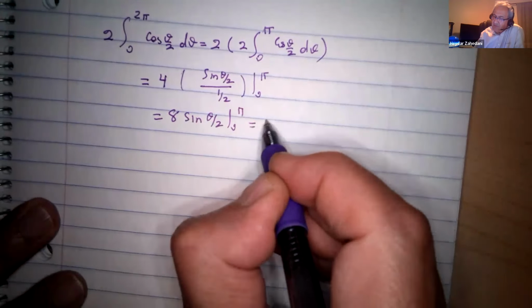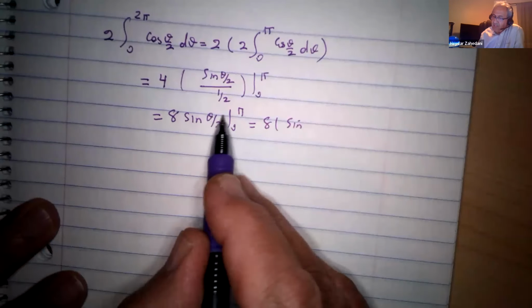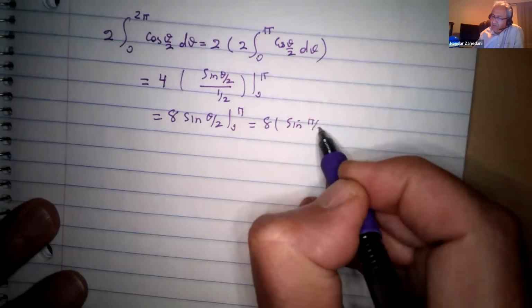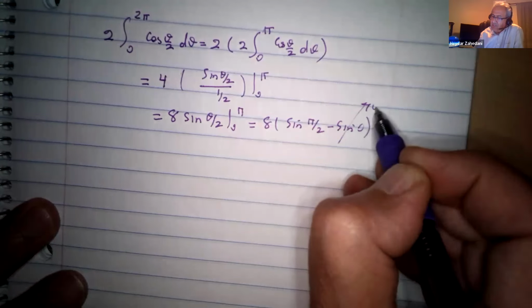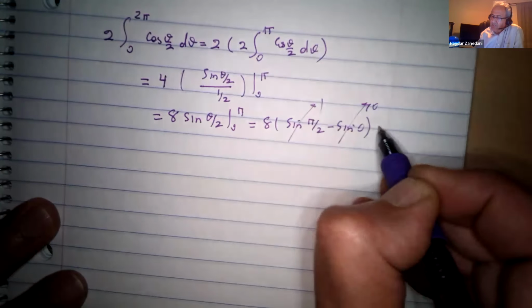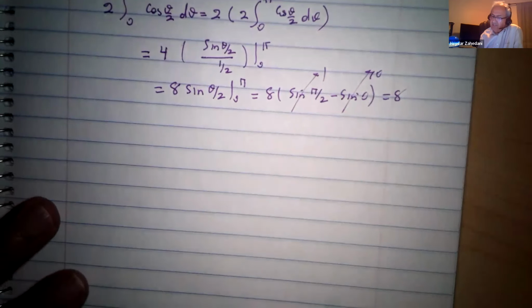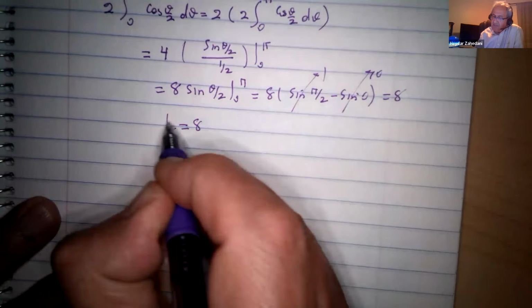If you substitute, 8 times the sine of pi half minus the sine of 0. The sine of 0 is 0, the sine of pi half is 1. So that gives you 8. And it's a very famous identity that the arc length of a cardioid is equal to 8.